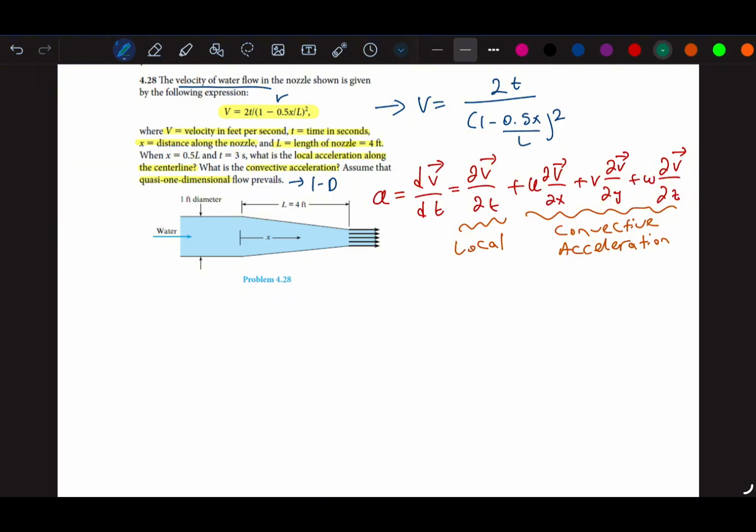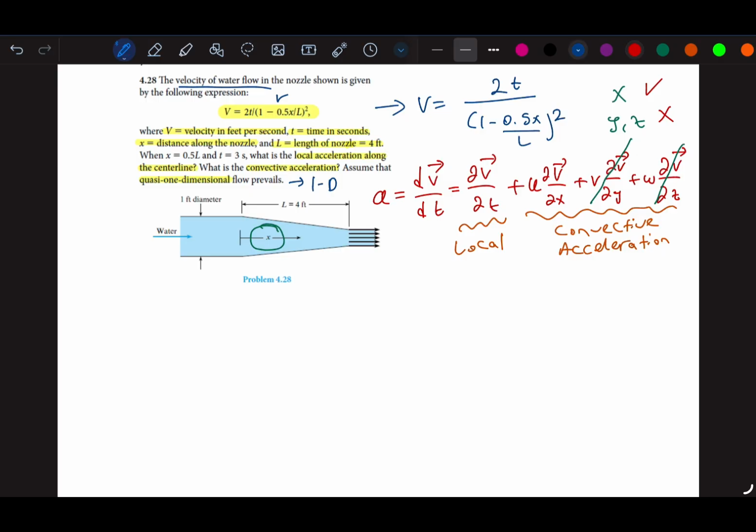For example, we will not need these two terms because we only have one direction, which is x, and we don't have y or z directions. Therefore, we are keeping only this one as the convective acceleration, and we are keeping this one as the local acceleration.